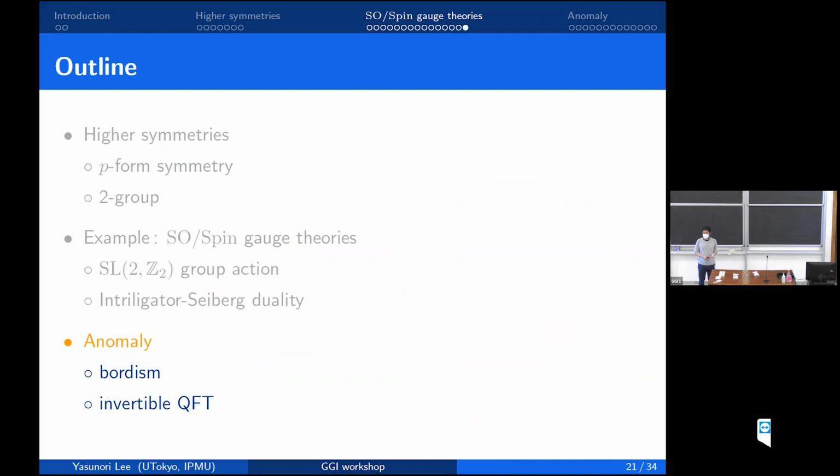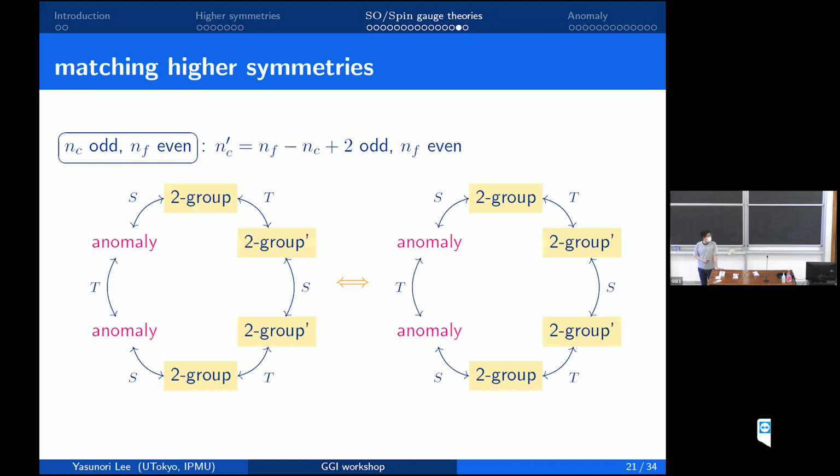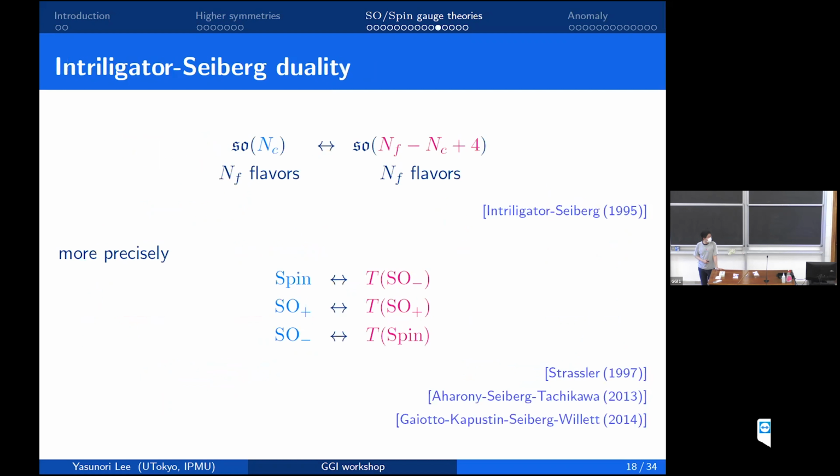Okay, so that's... May I? Yes, sure, go ahead, question. If you take a special value of NF, which is 2NC minus 4 or minus 2, the theory should be self-dual, for special values of NC and NF, at least at the level of the algebra.